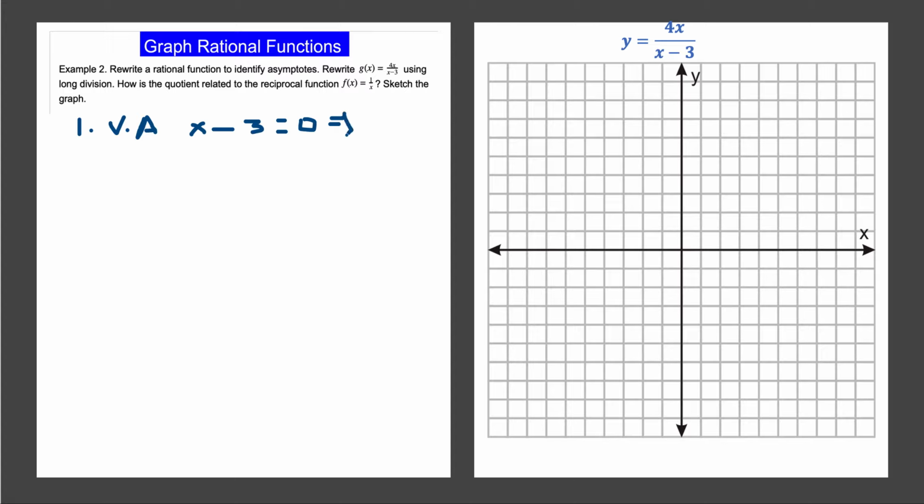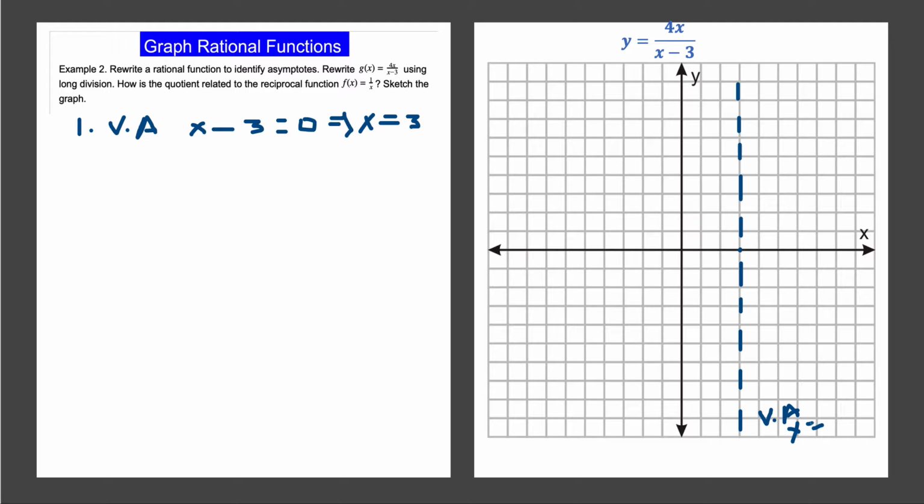So the vertical asymptote is x equals 3. Here is the 3, and let me graph this vertical asymptote, x equals 3.